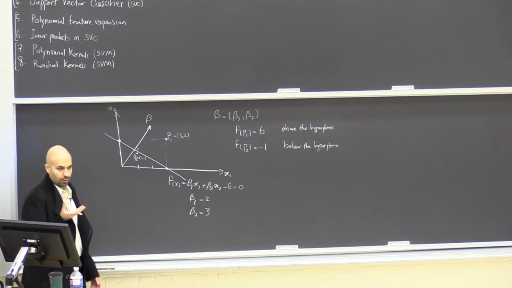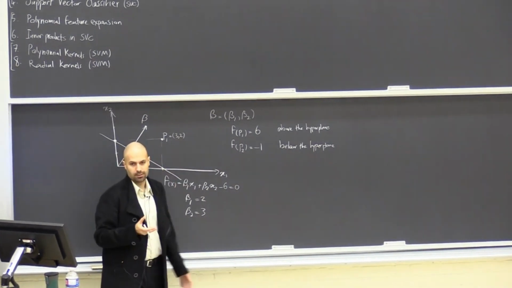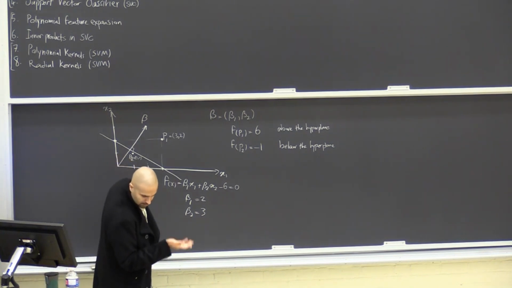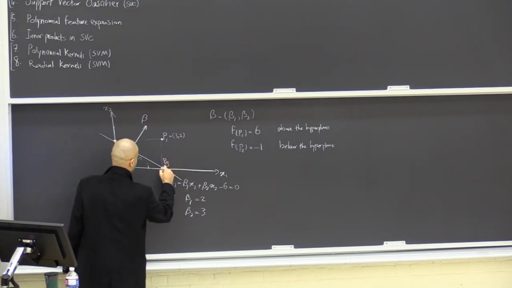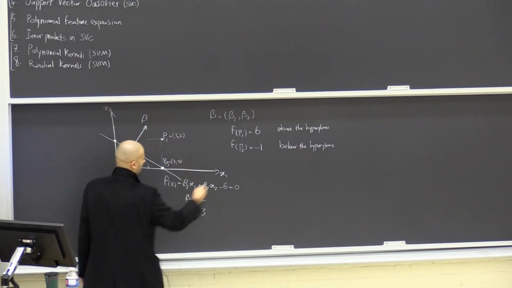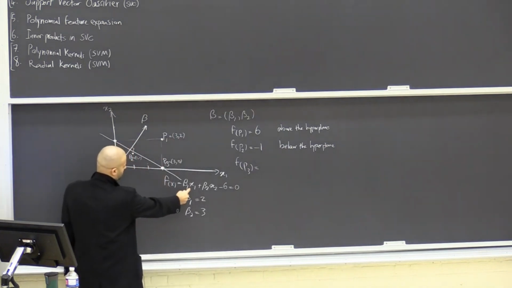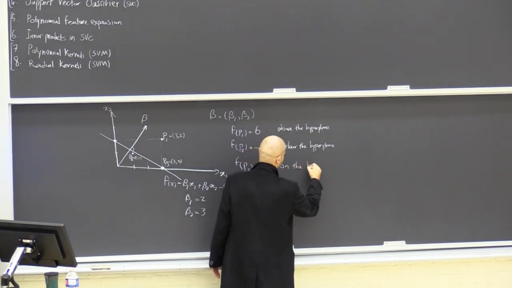So now I have a question for you. What do you think the value of the function would be for a point that is on the hyperplane? It would be 0. So an example is 3 and 0. So let's just take this as P3. F of P3 would be 2 times 3 plus 0 minus 6. So it's 0, and it's on the hyperplane.